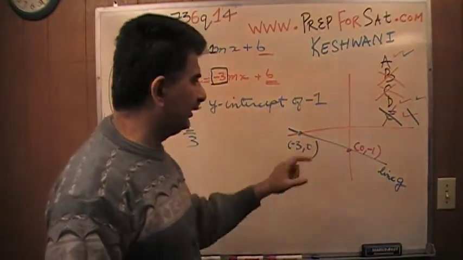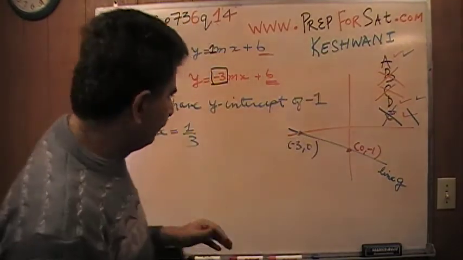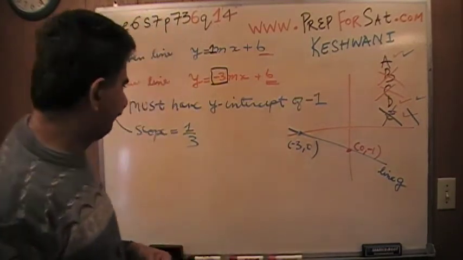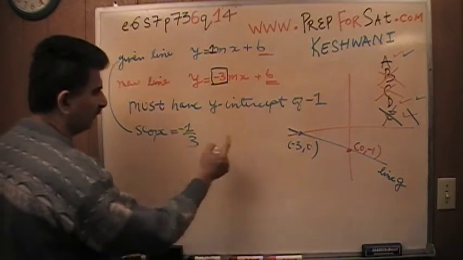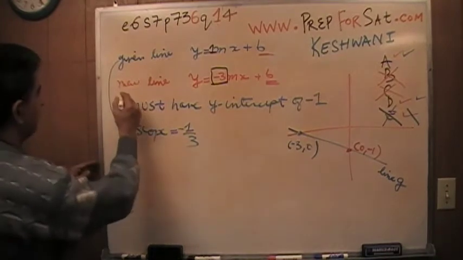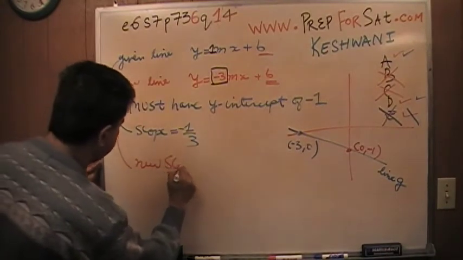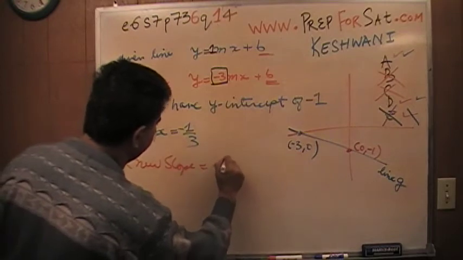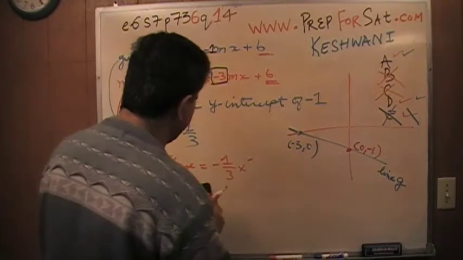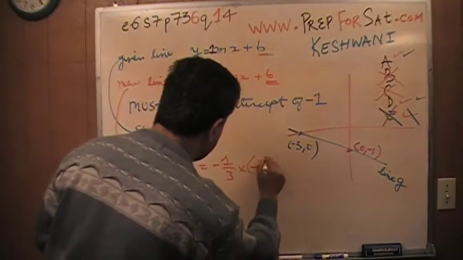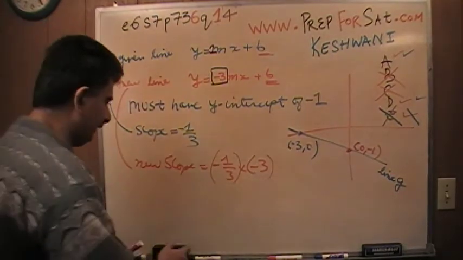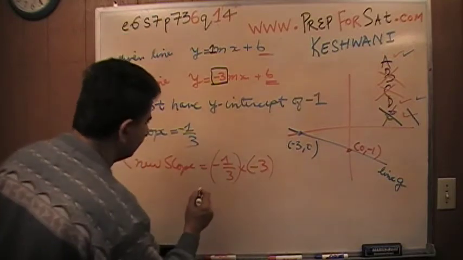The slope is 1/3, which means the original slope is actually the negative 1/3, because it's a negatively sloped line. If you take 3 times that quantity, the new slope has to be the negative 1/3 times negative 3, because we are told it's negative 3 times m, which means the new slope has to be positive 1.